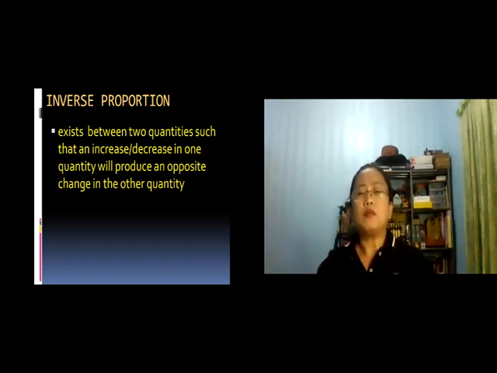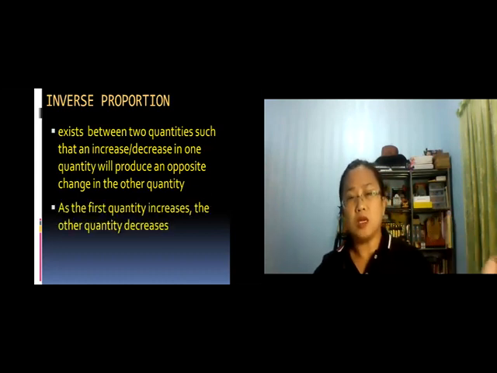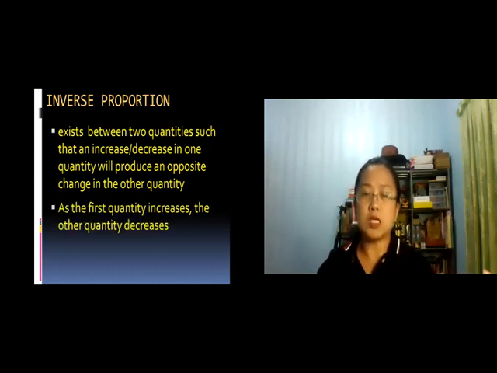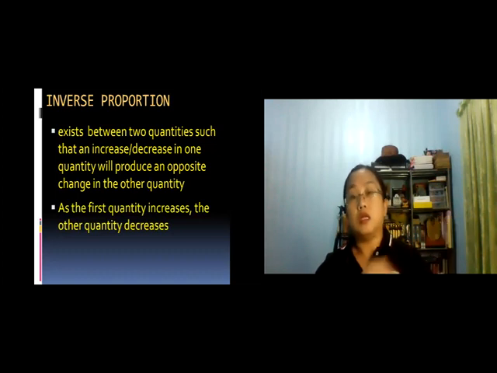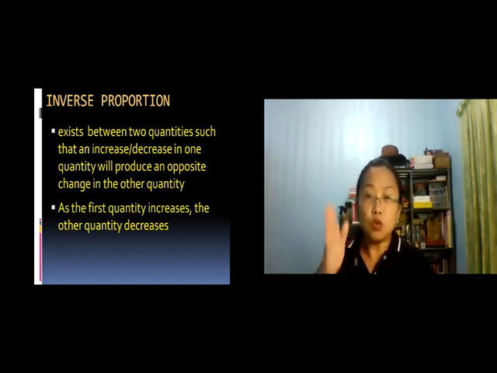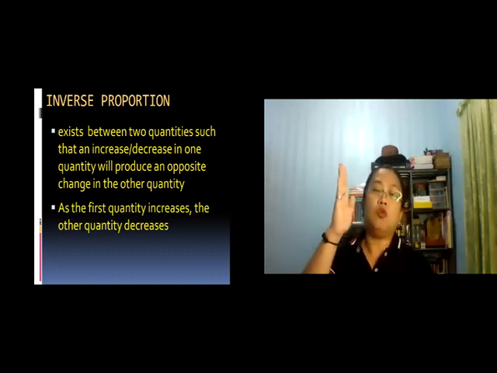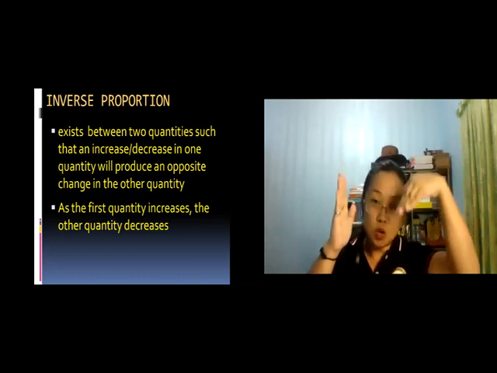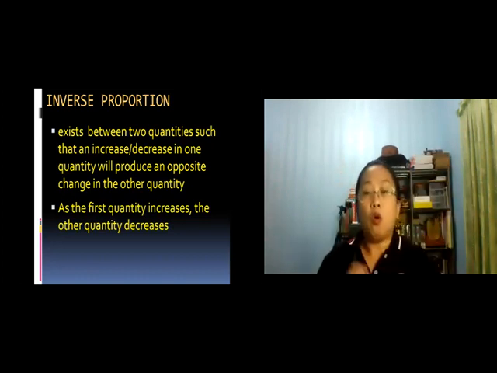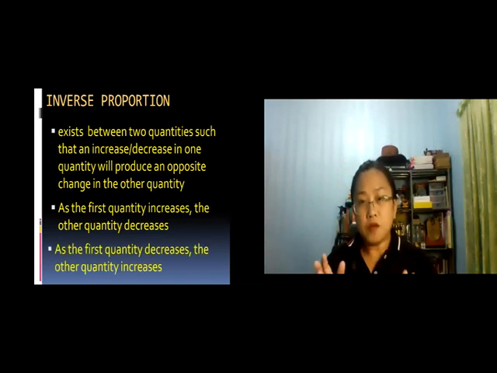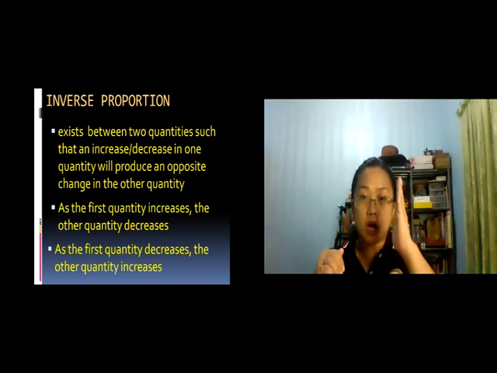Ibig sabihin, if your first quantity goes up or increases, the other quantity decreases. So habang pataas yung isang quantity ninyo, yung pangalawang quantity ninyo pababa. Okay? Or if the first quantity goes down, then the second quantity goes up.